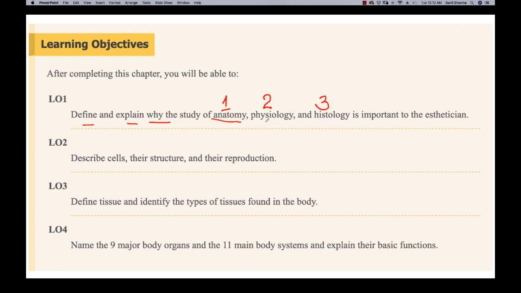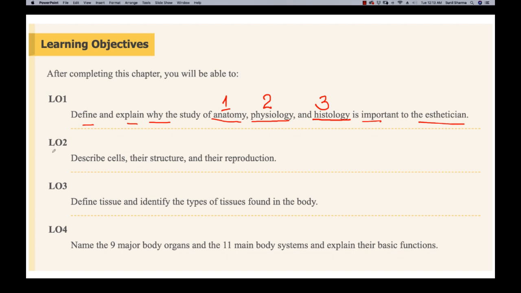Anatomy is the structure, physiology means the function, and histology is the very fine structure that is also microscopic. Some aspects of that we will also see. And why are these three things important to an esthetician?